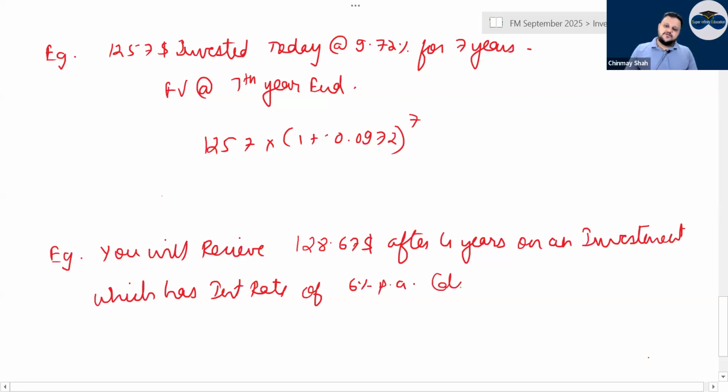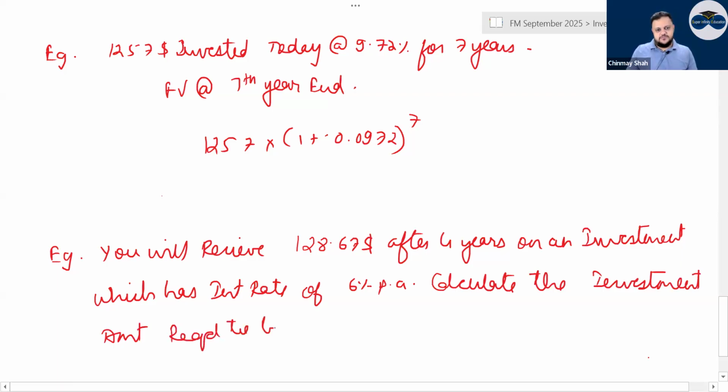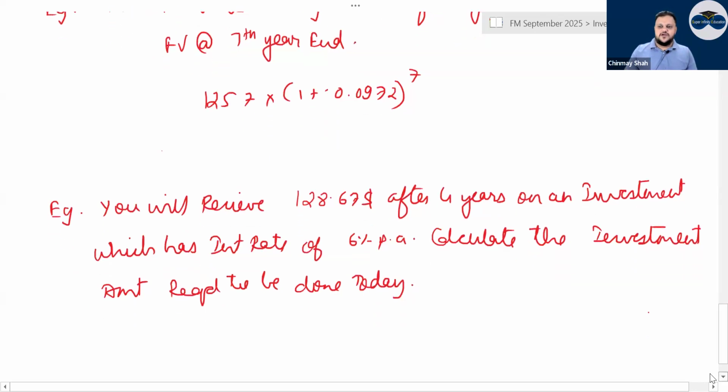Calculate the investment amount required to be done today. Goal: how do you tackle this?